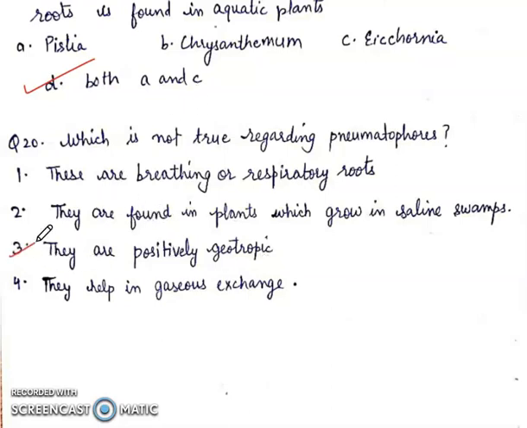Answer will be third, because the pneumatophores are negatively geotropic roots. They grow out of the ground in upward direction, so they will be negatively geotropic. First, second and fourth statements are correct. Third statement is not correct. So answer will be third.